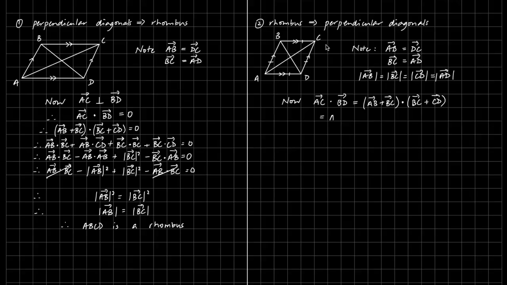So we've got AB dot BC plus AB dot CD plus BC with itself plus BC dot CD.